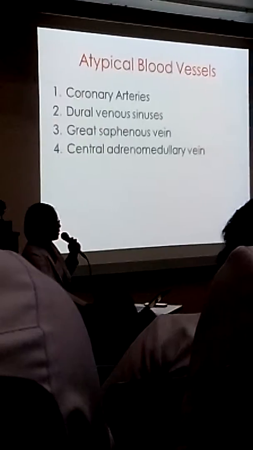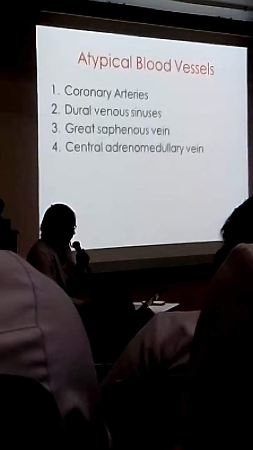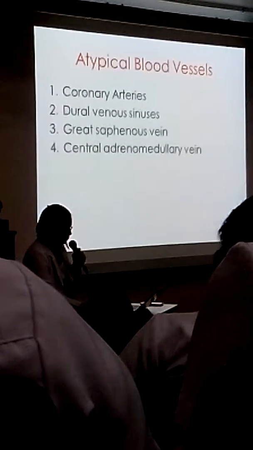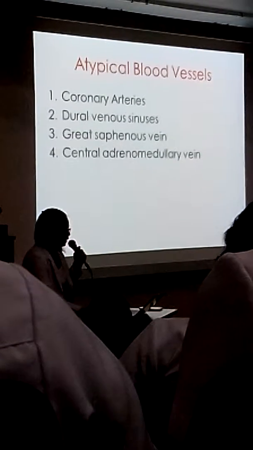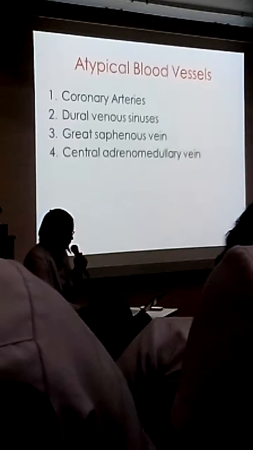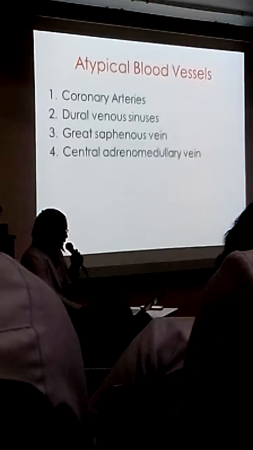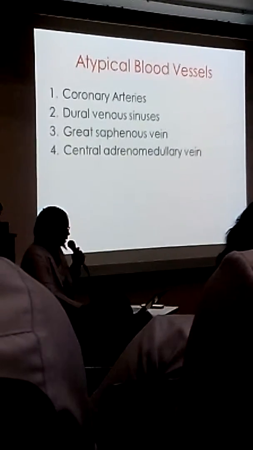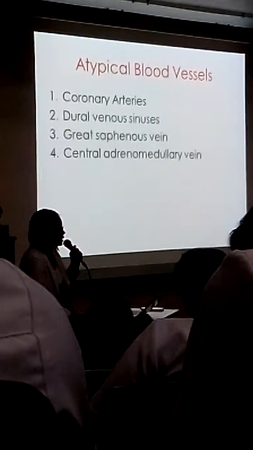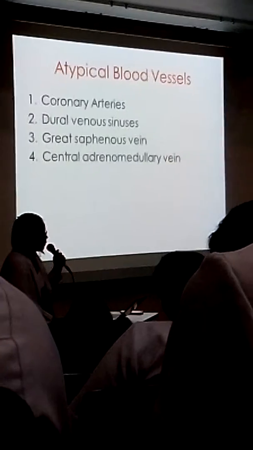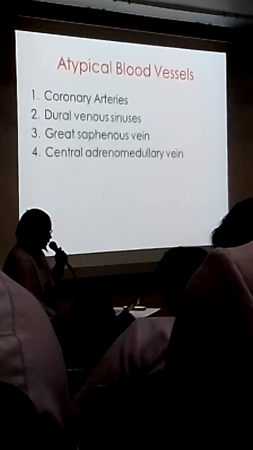Why are they atypical also? Anybody? So basically, it is a broad space within the dura mater, which is lined by your endothelial cells. However, it is devoid of smooth muscle. That's why it is atypical.